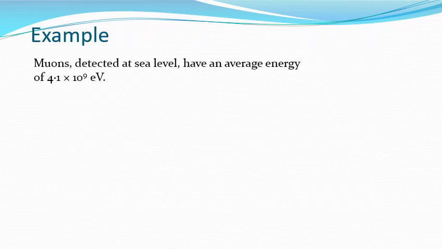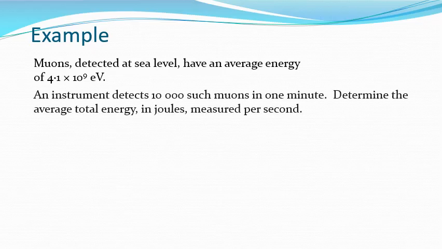So here's a particular question. We have muons detected at sea level. They have a particular energy, 4.1 giga electron volts, and we're asked to work out what is the total energy in joules every second if we record 10,000 of these in 1 minute.